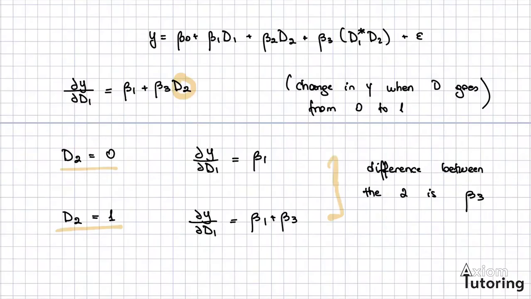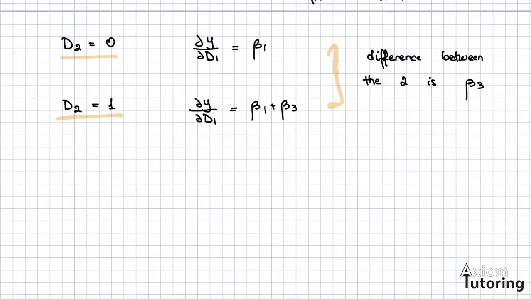Okay? Then how can we compute this explicitly? Well, think about it this way. Since we have two dummy variables, we're going to call y11 the case where dummy 1 is equal to 1 and dummy 2 is also equal to 1. In the case of y11, the estimated model is going to look as beta 0 plus beta 1 plus beta 2 plus beta 3. Okay, just as we have said.